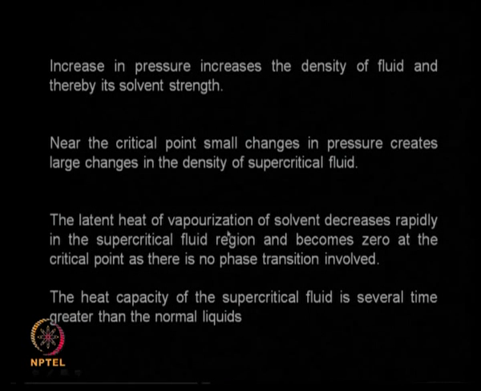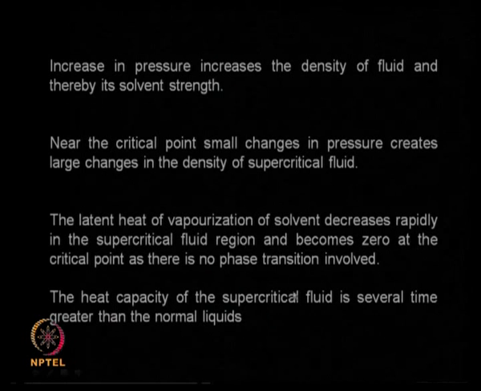And also the latent heat of vaporization of solvent decreases for a supercritical fluid and almost becomes 0 at the critical point, because there is no phase transition. That means it is not going to move from one phase to another. That is why the latent heat of vaporization becomes 0.